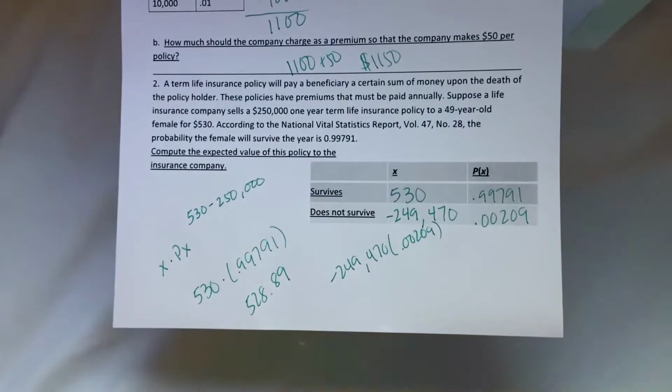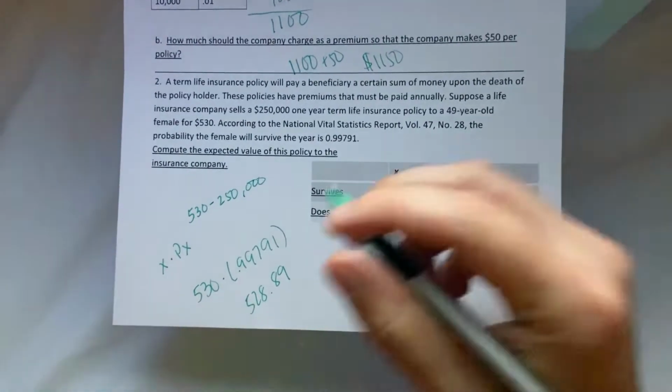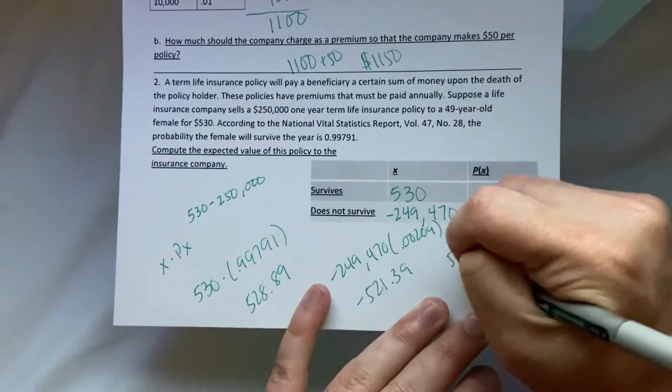Now if we do the other one, negative 249,470 times 0.00209. It's negative $521.39. Now what do I have to do with those two numbers?